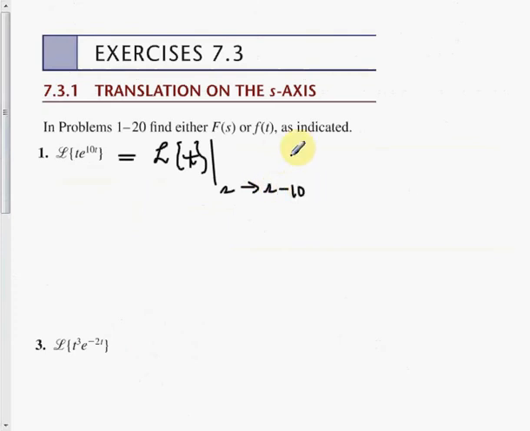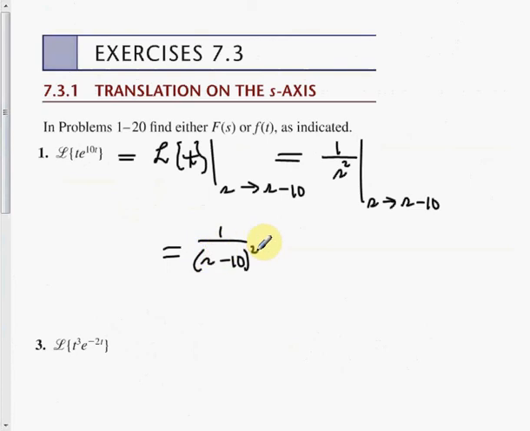So now I just evaluate the Laplace transform of t with this new position for s. Well, the Laplace transform of t is 1 over s squared. But s is going from s to s minus 10. So you just write that as 1 over (s minus 10), all squared.